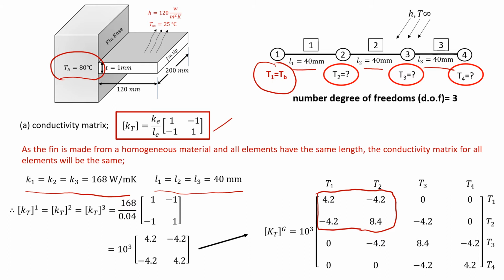The middle part of this K matrix is taken from element 2 as it corresponds to T2 and T3. And the last part corresponds to element 3 as it corresponds to T3 and T4. At every intercept, of course, we have to take the summation between the two matrices.